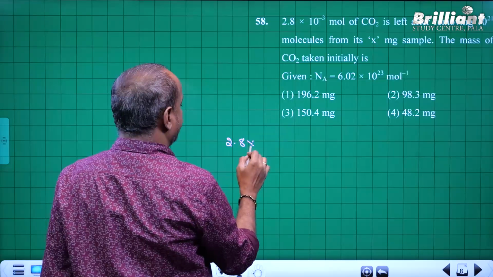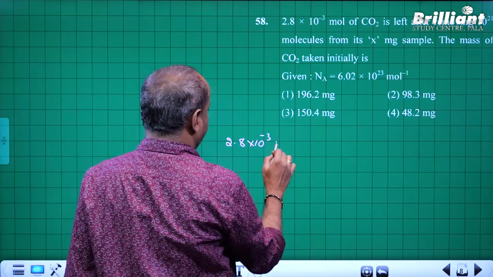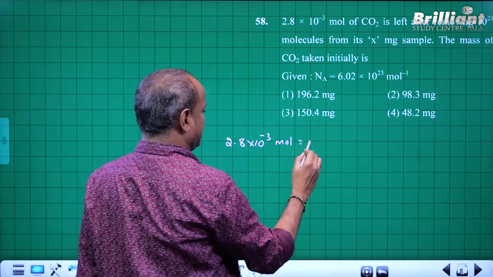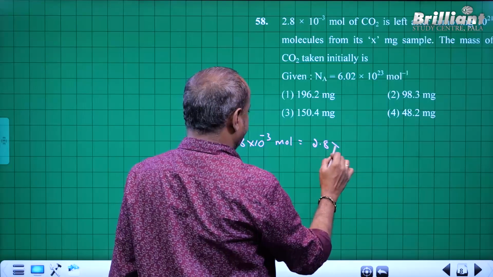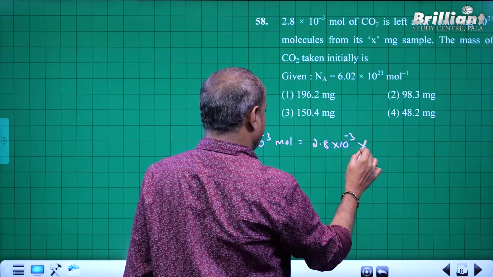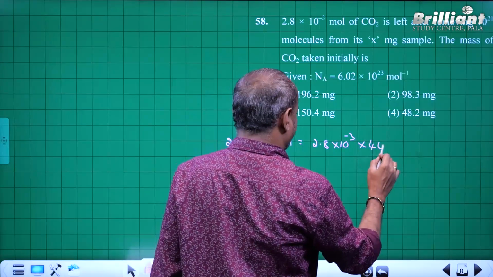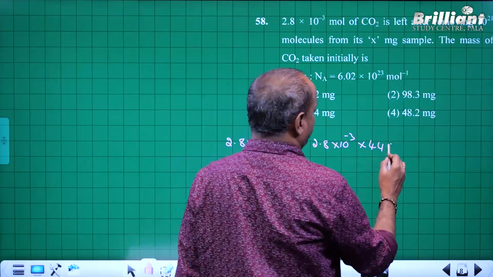2.8 into 10 raised to minus 3 moles is equal to 2.8 into 10 raised to minus 3 into 44 grams.